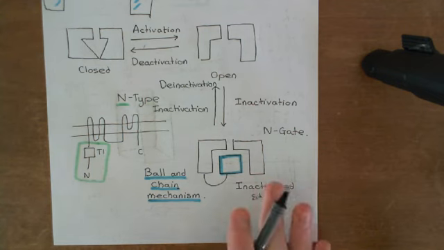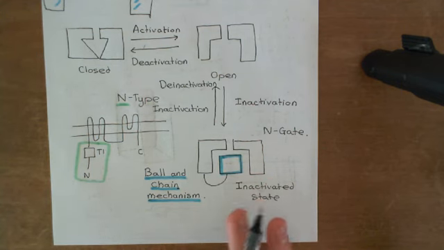There are new types of inactivation being discovered, for instance C-type inactivation, but there is very little known about C-type inactivation, which is why I'm only going to mention that it exists. That concludes our discussion of voltage-gated potassium channels. We have seen the structure of voltage-gated potassium channels. We've seen how they are activated by depolarization of the electrical potential difference across the cell membrane.